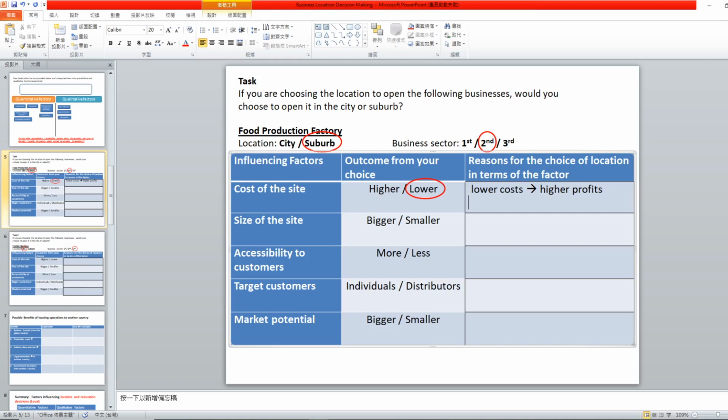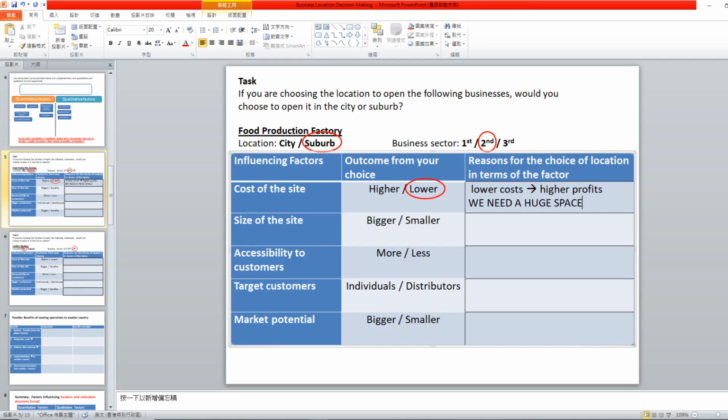So the second point, because we need a huge space, we want to minimize the cost of site, let's say the cost of rent, by setting up in the suburb area.